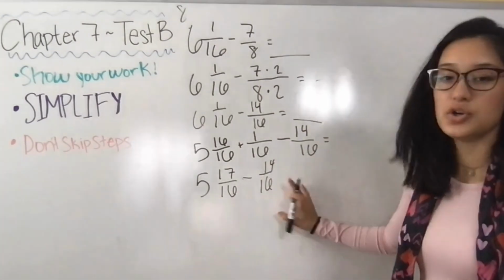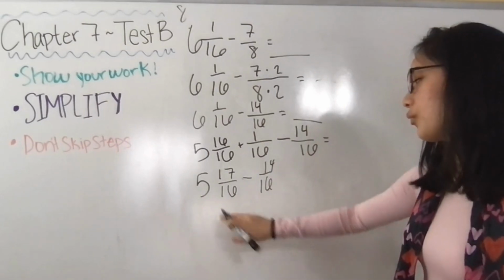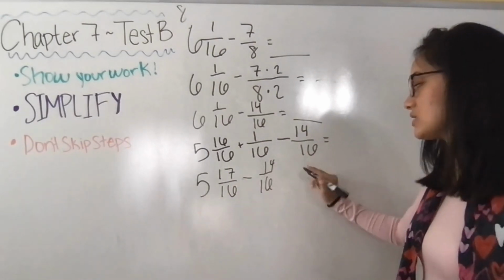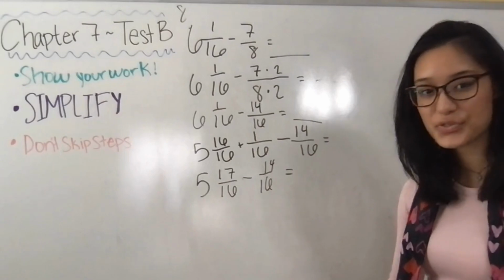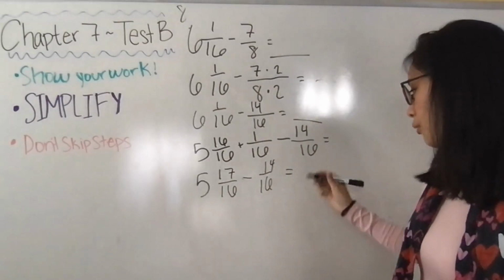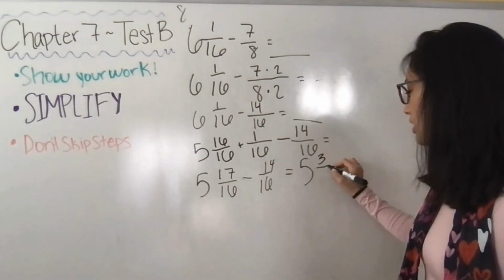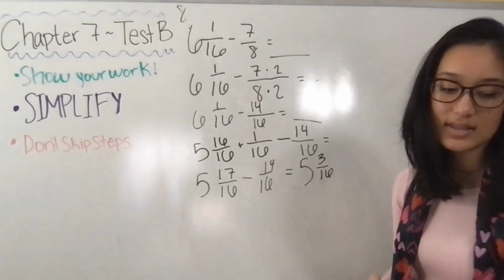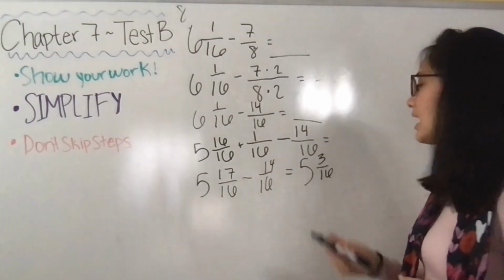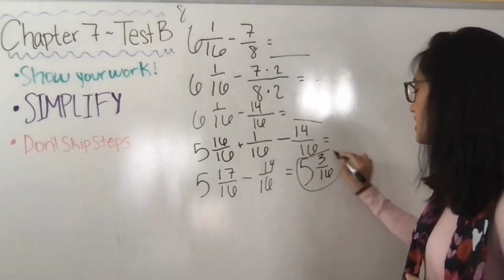So this is your new problem. What is 17 minus 14? That's 3. So your answer is 5 and 3/16. And that can't be simplified anymore. So your final answer is 5 and 3/16.